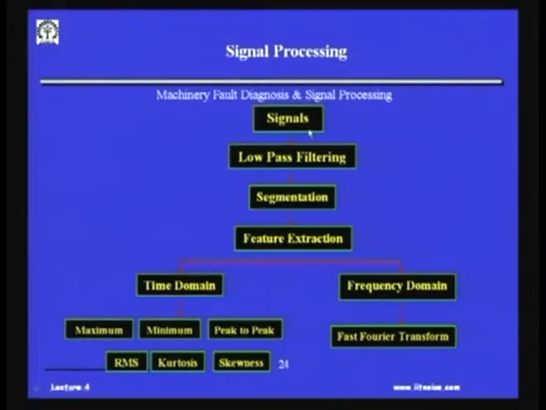Once the signals are obtained, we could do some sort of feature extraction, and this is entirely done in a data driven method wherein you can do a time domain analysis or a frequency domain analysis. But right now we will focus our attention on the signals in the time domain only.